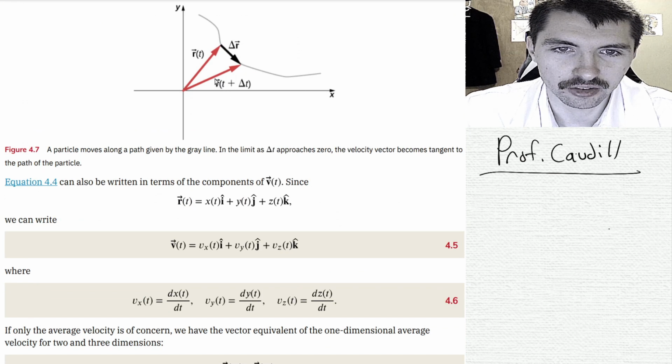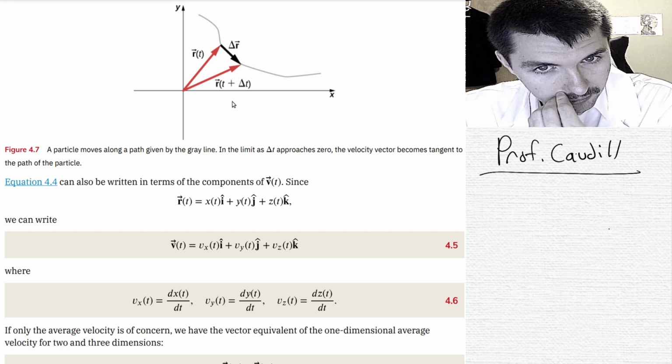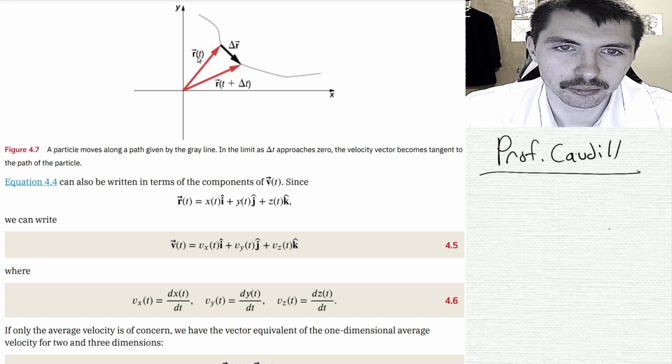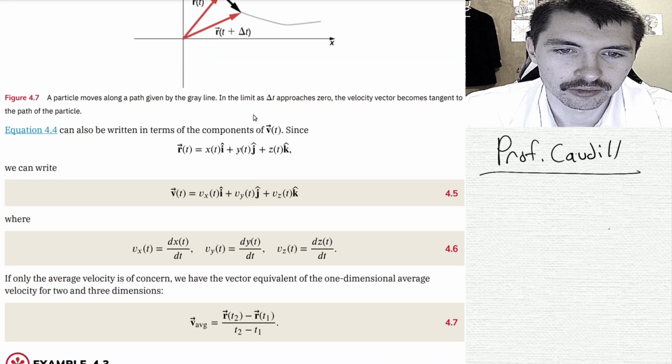You see, you're taking this minus this, and you're getting this, and it's for infinitely small changes in time. So when you subtract this vector r of t from r of t plus delta t, you get a difference.